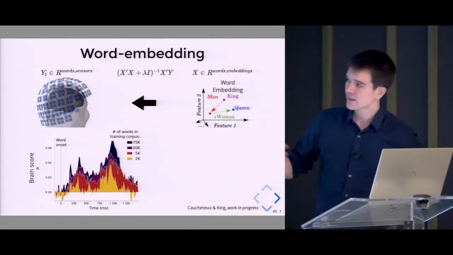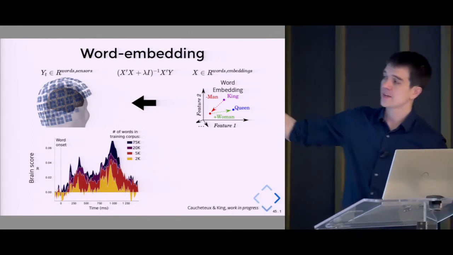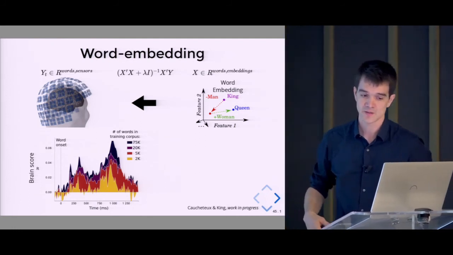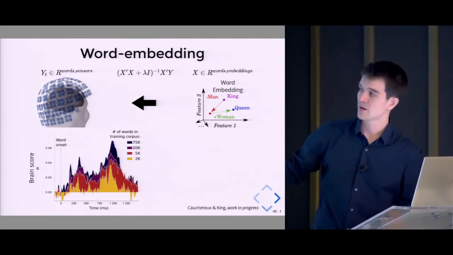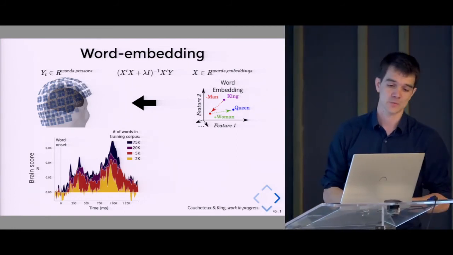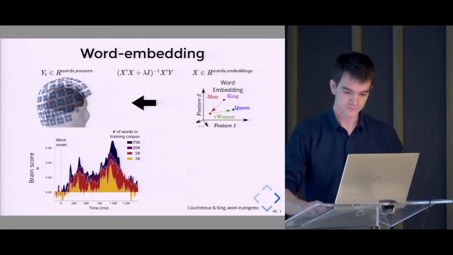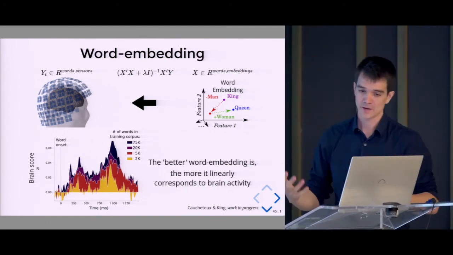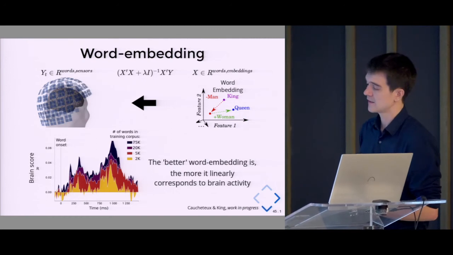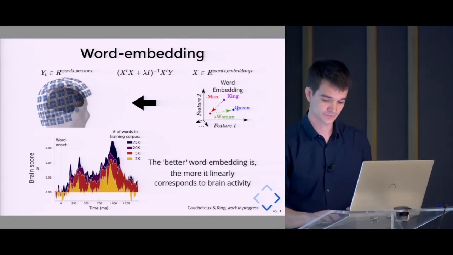And what you see is that not only can we find linear correspondence with word embedding in brain activity as a function of time, but we see that the brain correlates all the more with word embedding the larger the corpus the embedding has been trained on. In other words, the better the word embedding is, the more it seems to correlate linearly with brain activity.